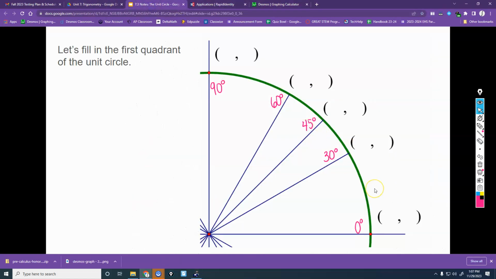Now, I also have to know radians. Radians seem very crazy on this, but Desmos will help us some on that.